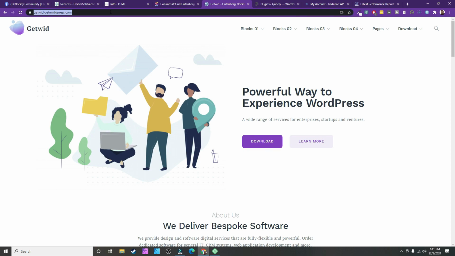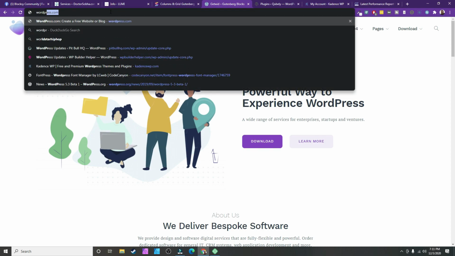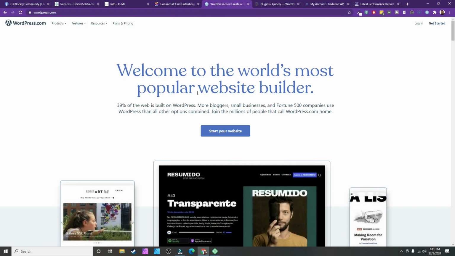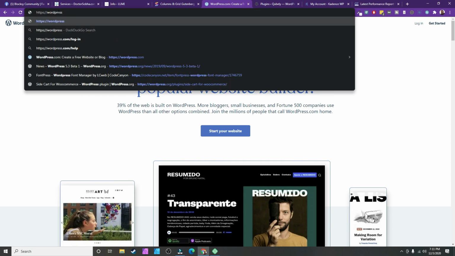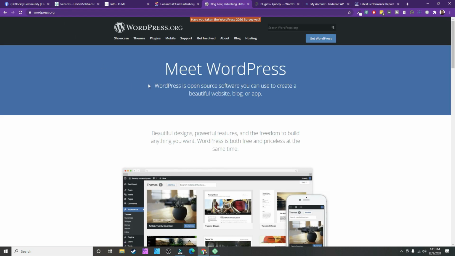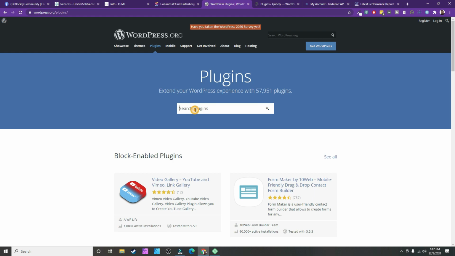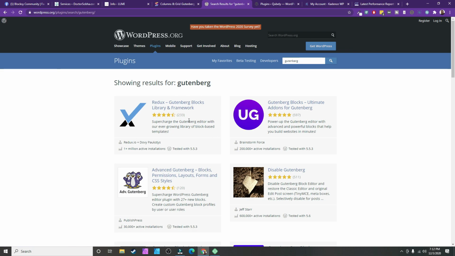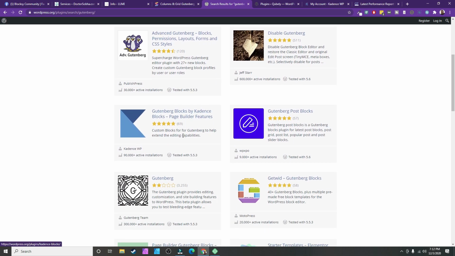I should have gone to .org, sorry about that. WordPress.com is the one where you have to pay them money, and WordPress.org is the other one. If you go into plugins and type in Gutenberg, you'll see very quickly that the number of extensions that pop up is just insane.